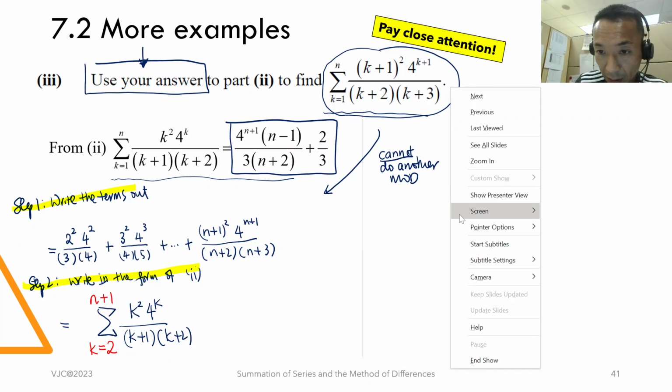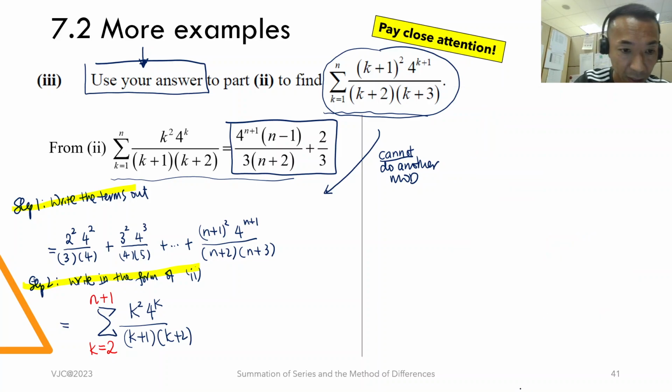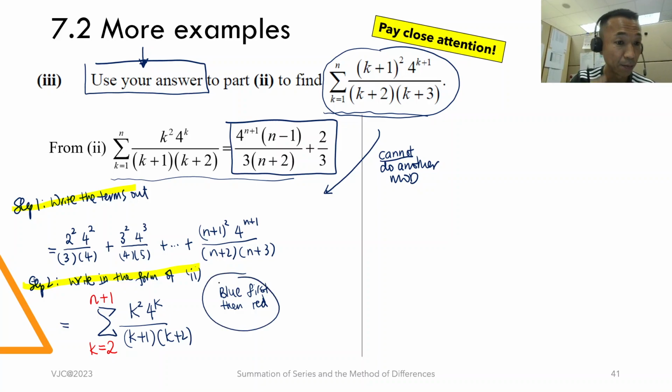Here, I will say blue first, then red. That means you write the summation first, then decide the limits according to what you have written above.